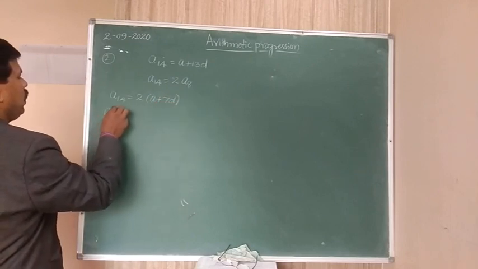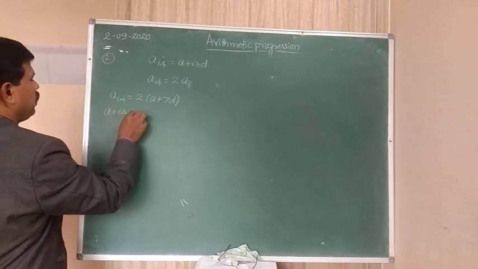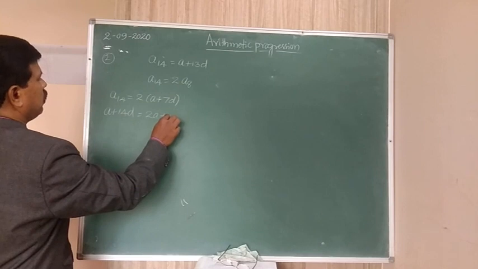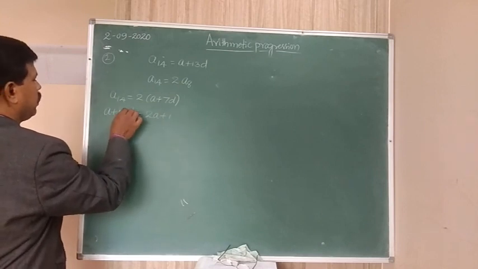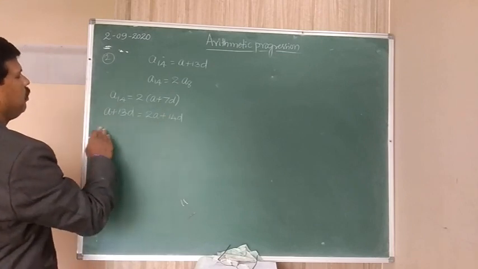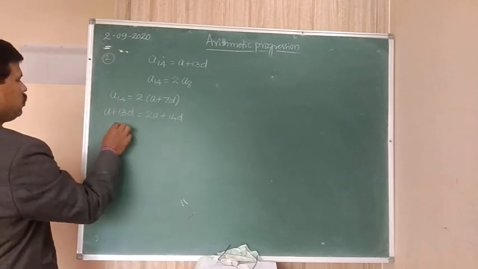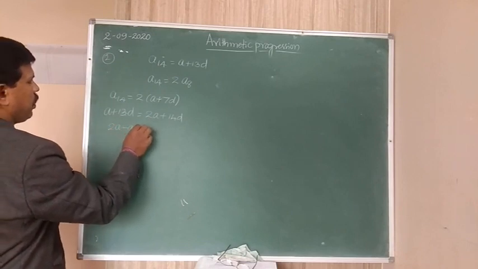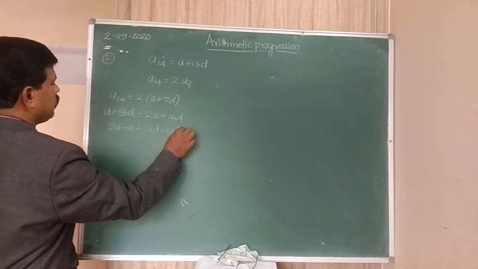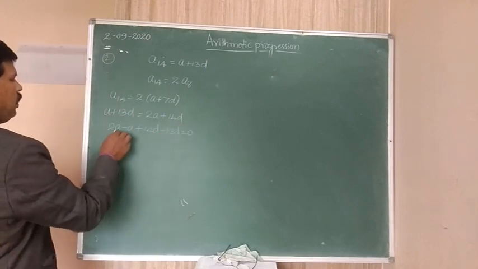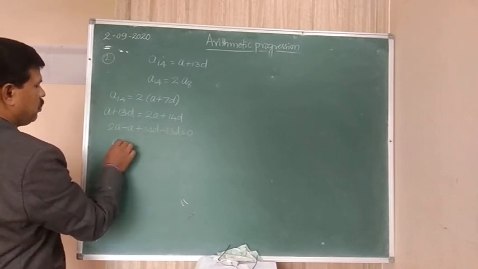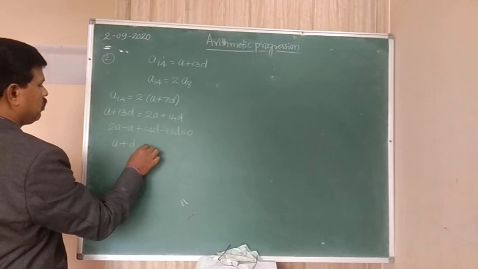Now A plus 14D is equal to 2A plus, here is 13D, 14D. Now shifting all this to one side, 2A minus A plus 14D minus 13D is equal to 0. Then 2A minus A is 1A. 14 minus 13 is plus D is equal to 0.